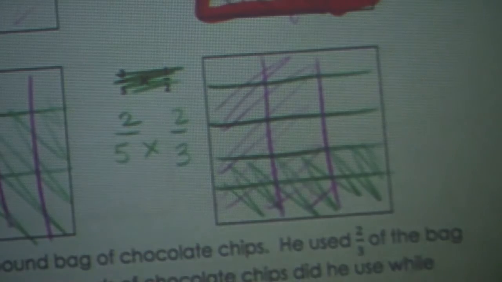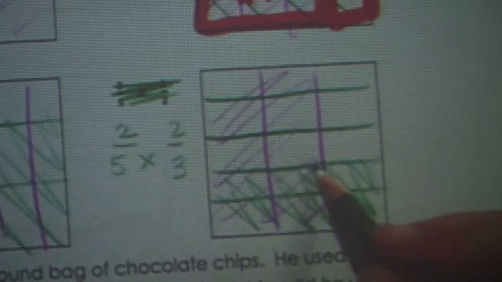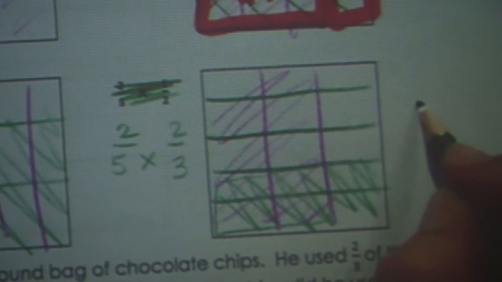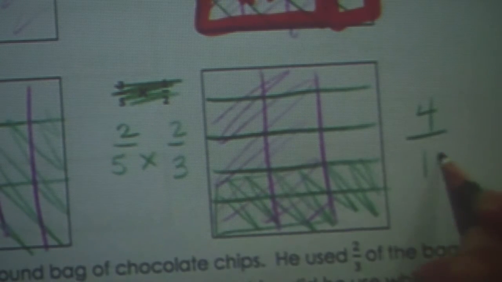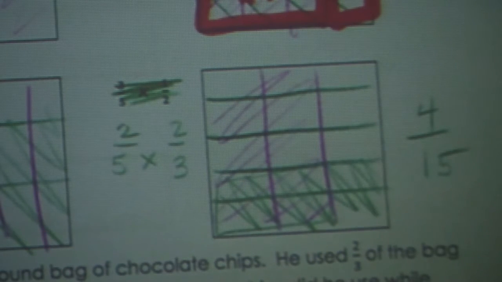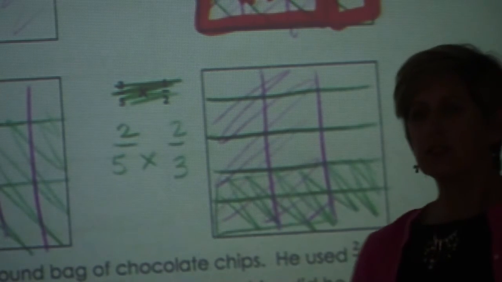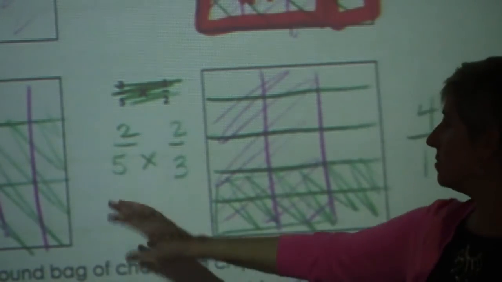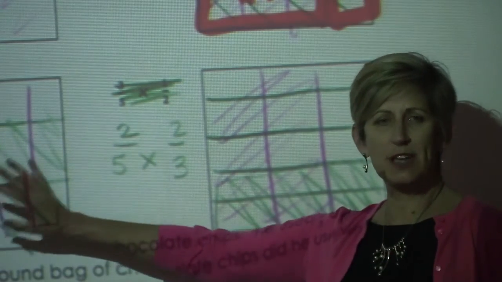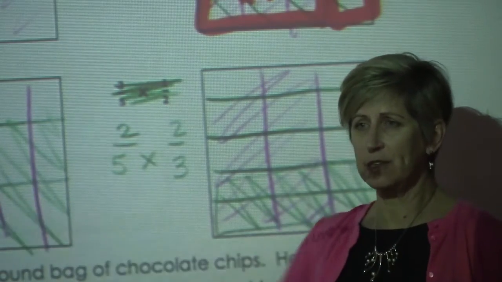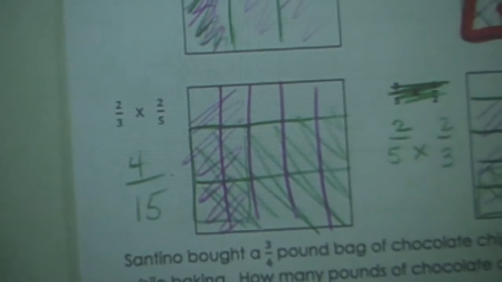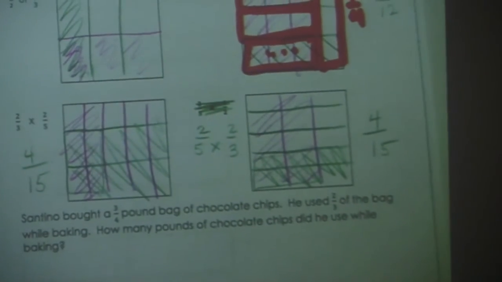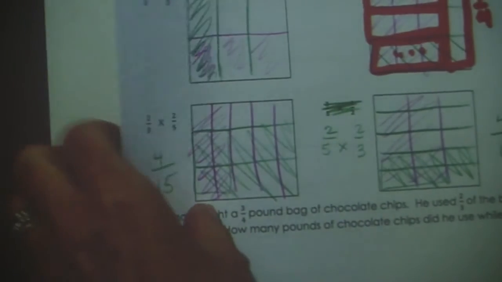So I started with my thirds. I have 2/5 of my 2/3. Here they are. What do I get? 4/15. Well, I ought to. It's a good thing I do. So we do ask them to draw it one way just so that we can have a better conversation in class. If they draw it the other direction, it's the commutative property. It still works. It just can make a more complicated conversation.